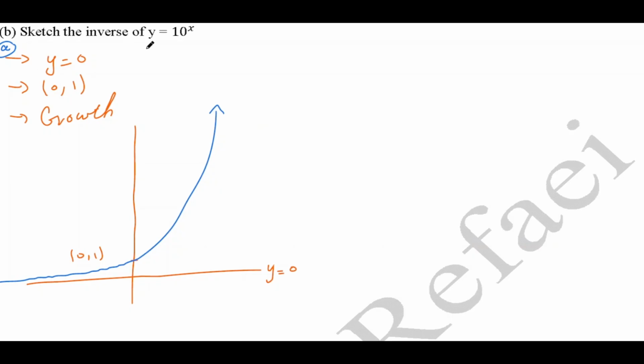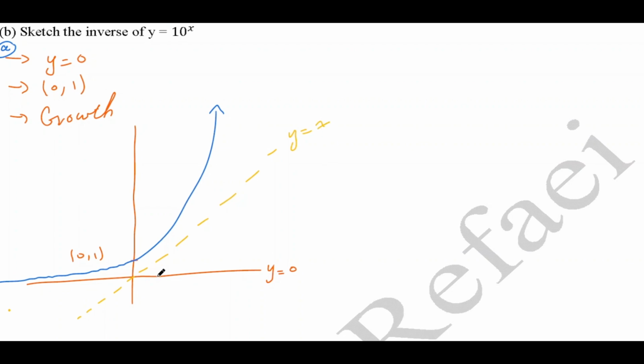Sketch the inverse of y equals 10 to the power x. We learned how to sketch the inverse function last year. How do we sketch the inverse function? First of all, we have to draw the mirror line y equals x.